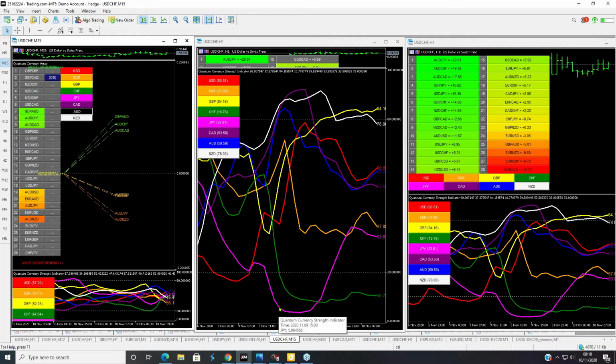As we can see here, things can stay oversold and overbought a lot longer than you and I can stay solvent, as it were. But it's interesting because we've got some potential reversals coming up on some of these currencies. We can see from overbought and oversold, but whether they're going to carry on further before they roll over, we will have to wait and see.